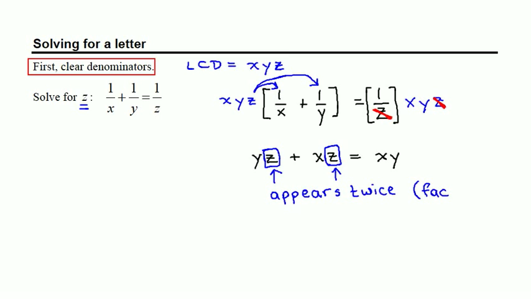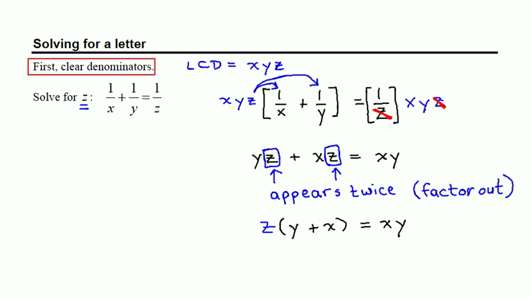So we're going to factor z out of this expression using the distributive law, or just thinking of this as GCF factoring. We have z as our common factor, and factoring that out leaves me y in the first term plus x in the second term, and then I have xy on the other side of the equation.